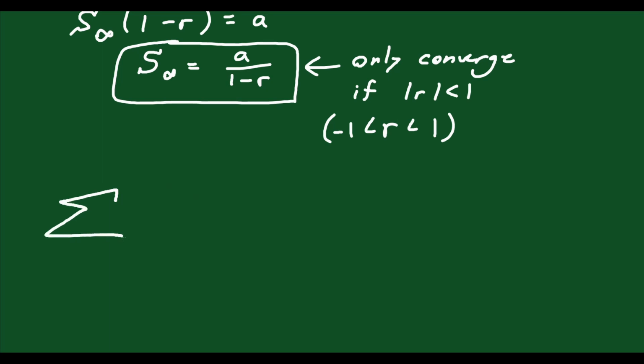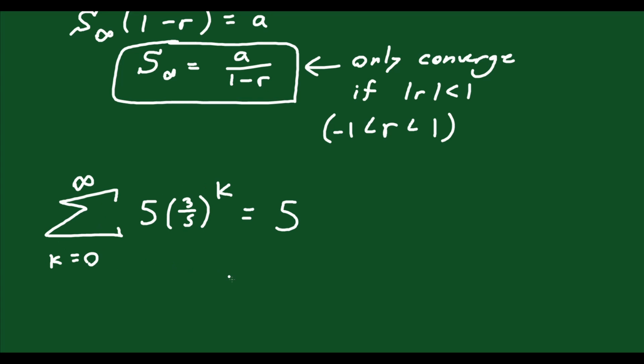Let's say you're asked to find the sum, this is a summation symbol, from k equals 0 to infinity. And the function you have is 5 times (3/5) to the k. So what that means is that you use this function and you start with k being 0. Well, if k is 0, this whole part is just equal to 1, so you just have 5 as your first term.